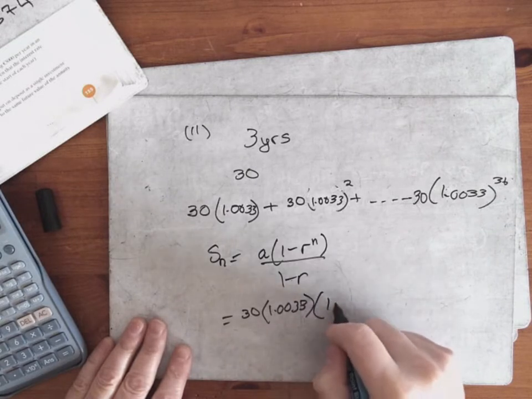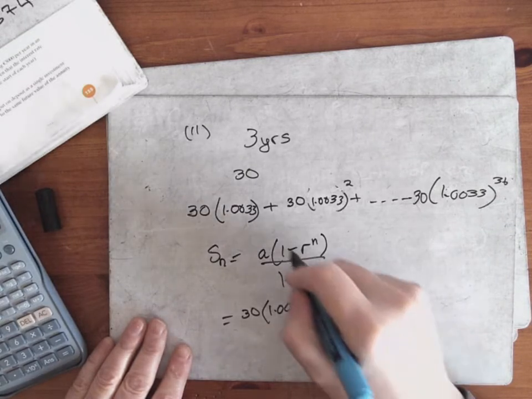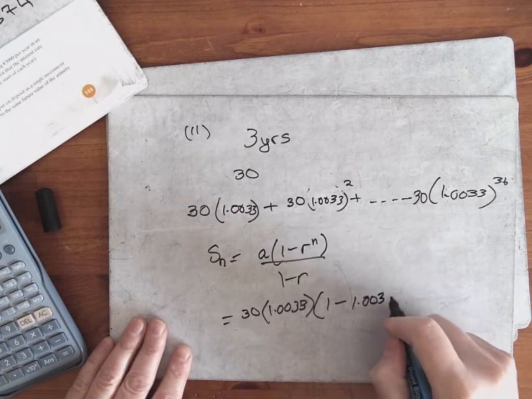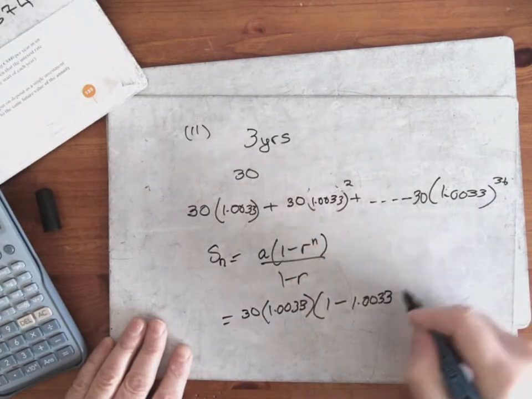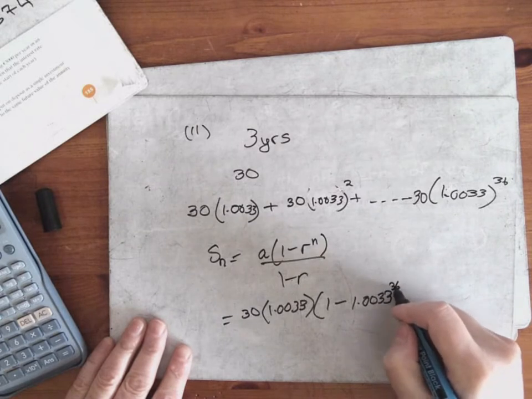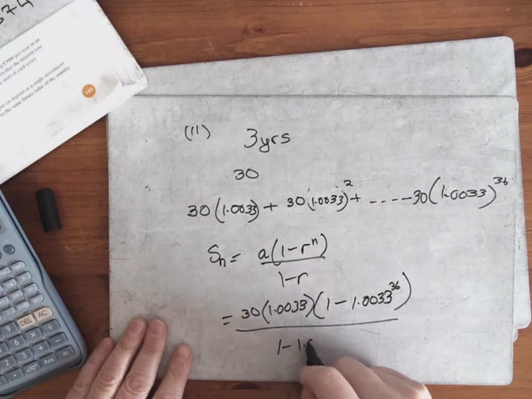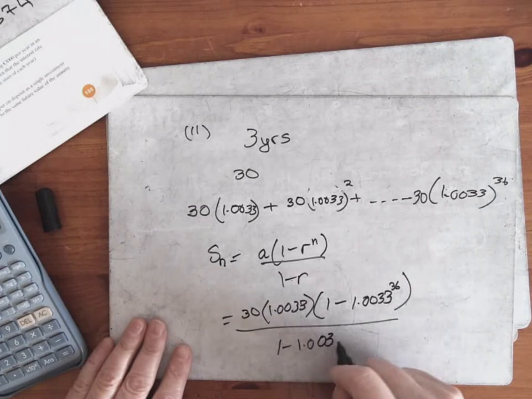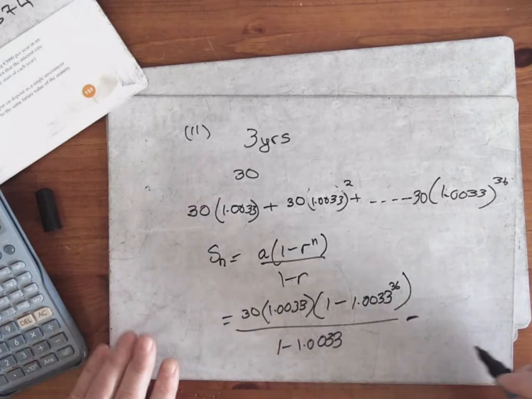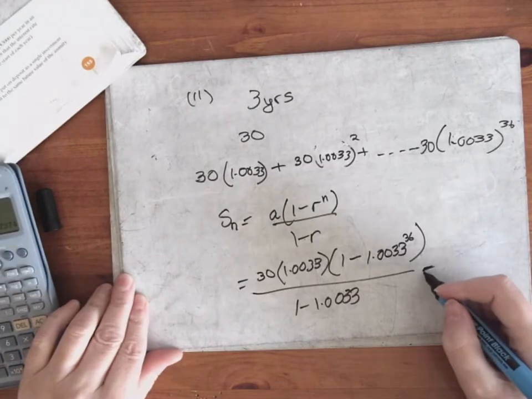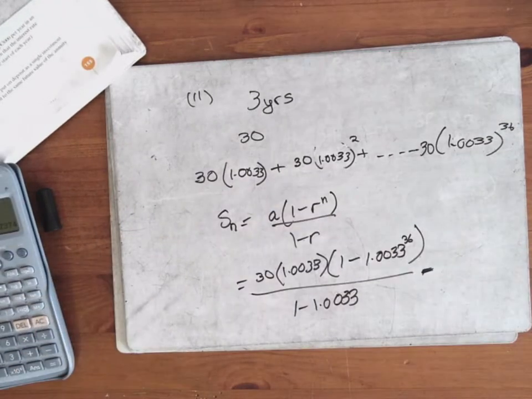R is what you're multiplying by, 1.0033 each time, and there's 36 terms in the sequence, so that's to the power of 36, all over 1 minus 1.0033. Put that into the calculator and press equals. I'll leave you to do that bit. Okay, is that okay?